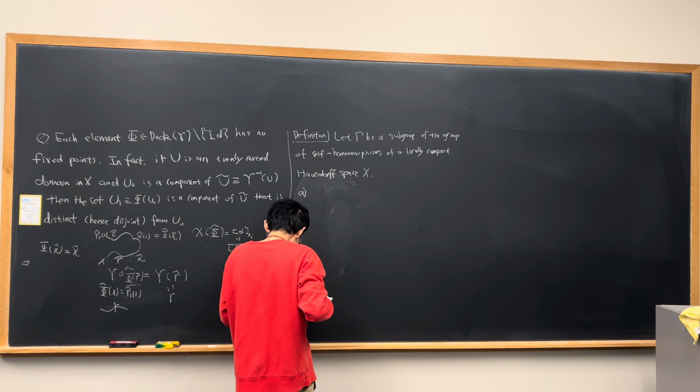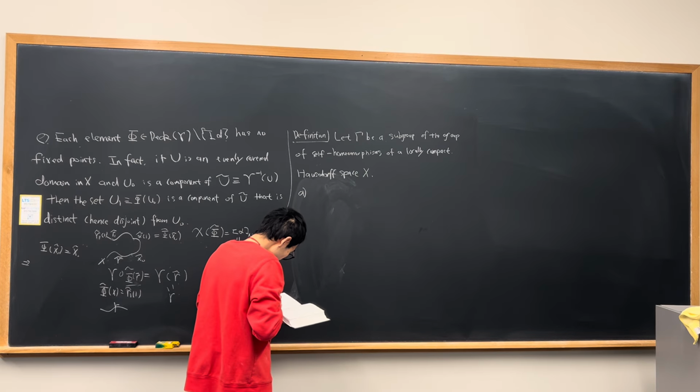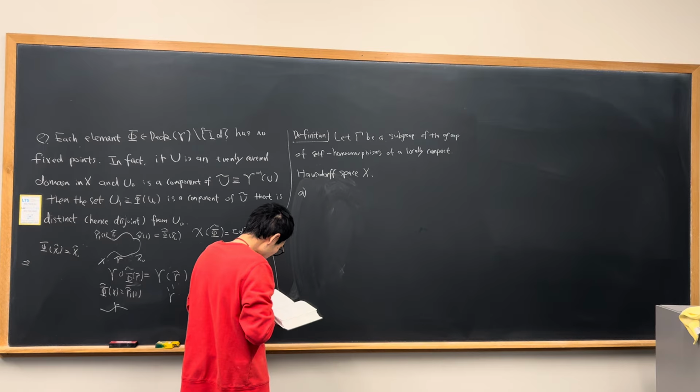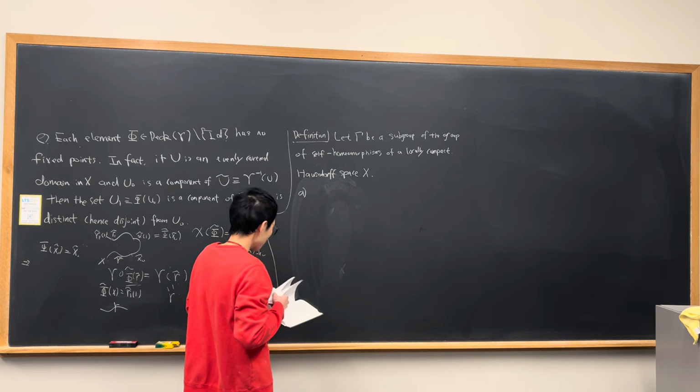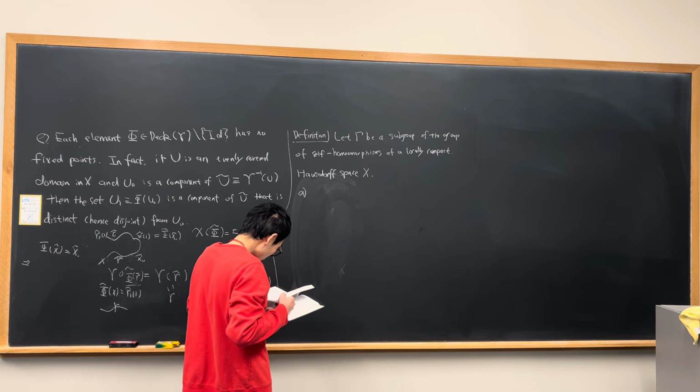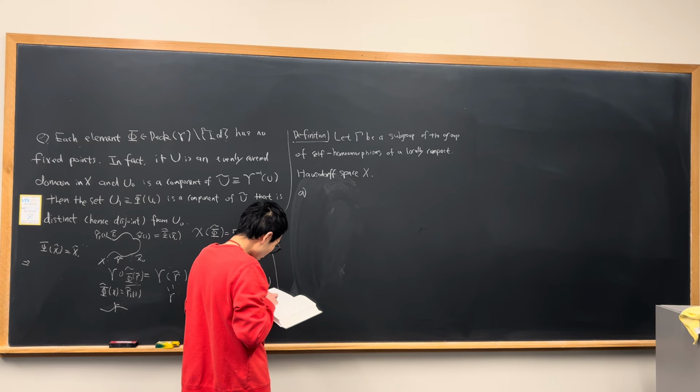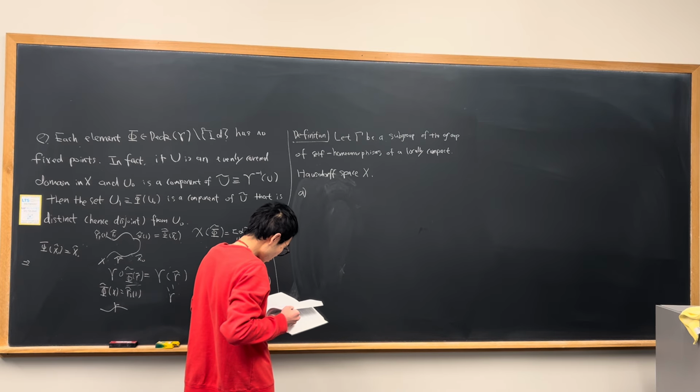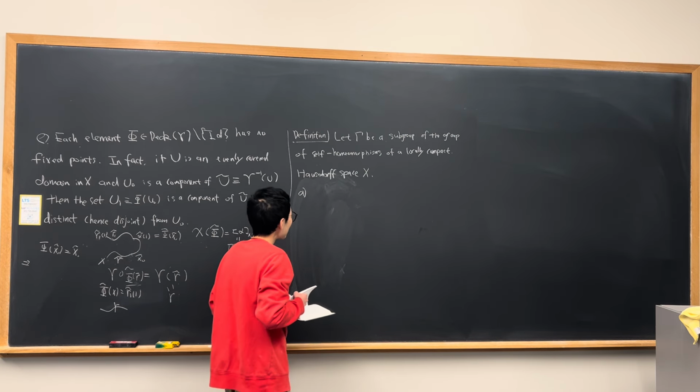Okay, locally compact means that each point has a neighborhood that lies in a compact set. Or: for every point p in X and every neighborhood U of p, there is a relatively compact neighborhood V of p in U.